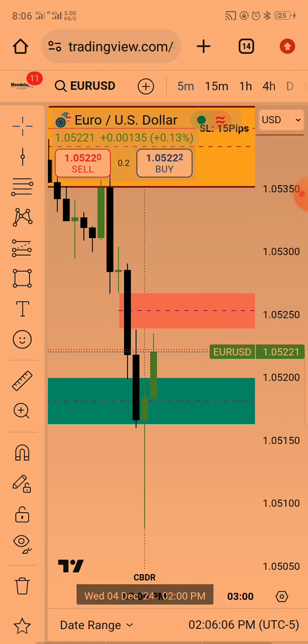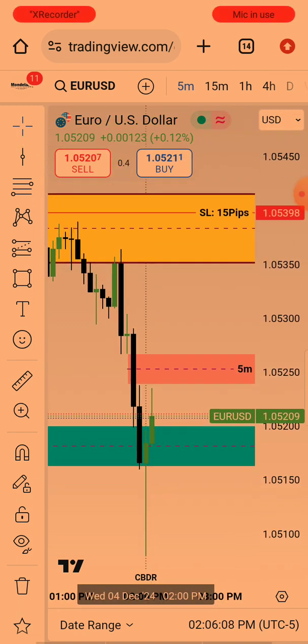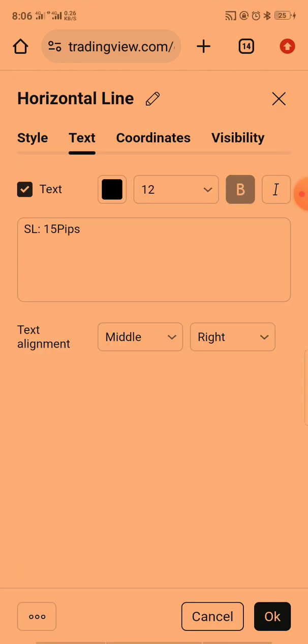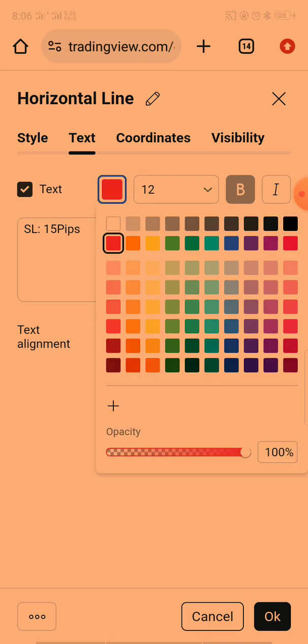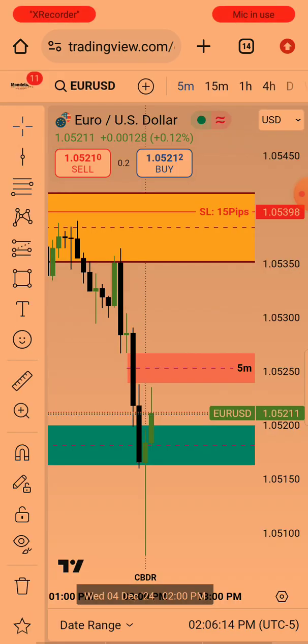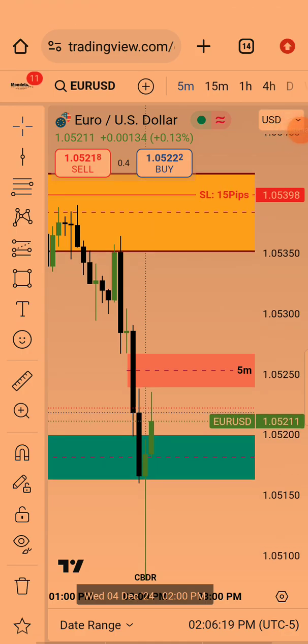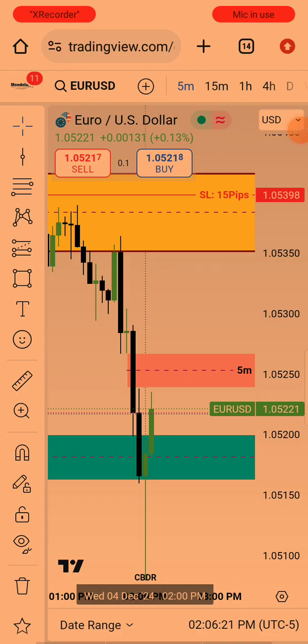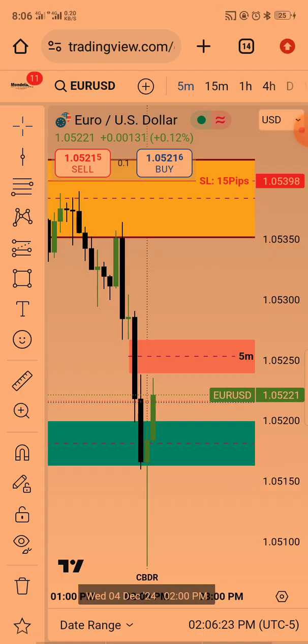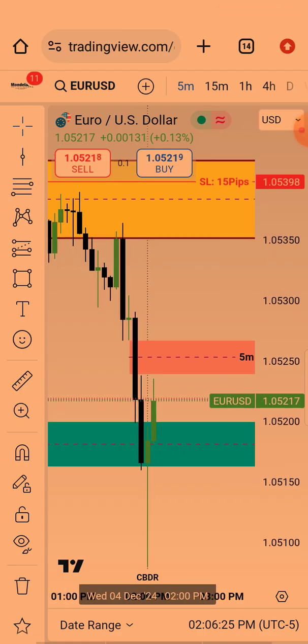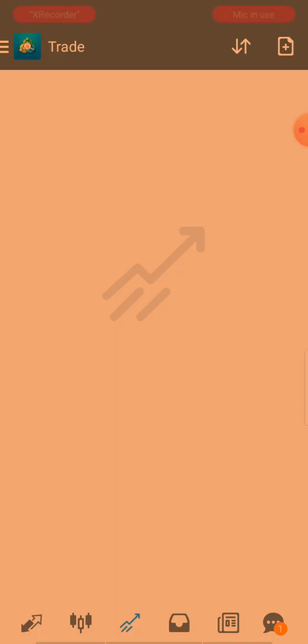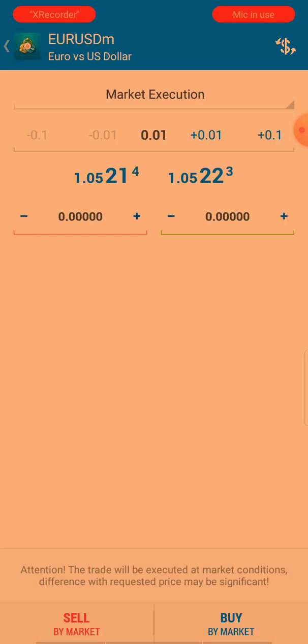So this is my stop loss right here. The number there is 1.05398, right? Let me put that number on my MT4, on my stop loss.